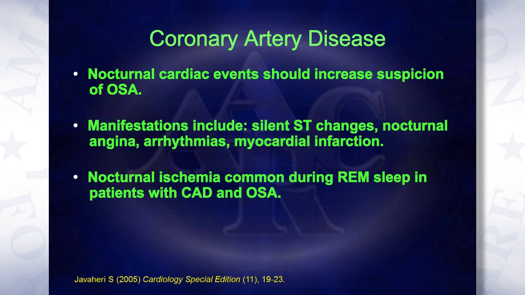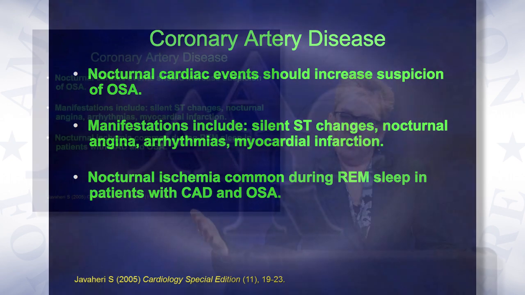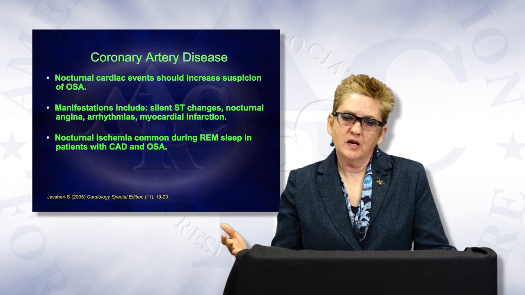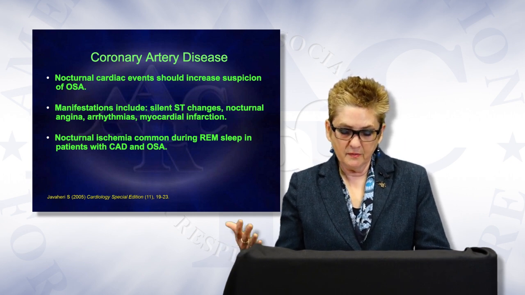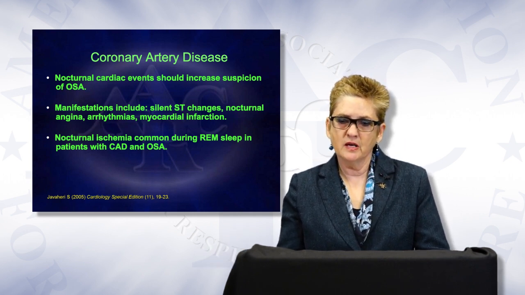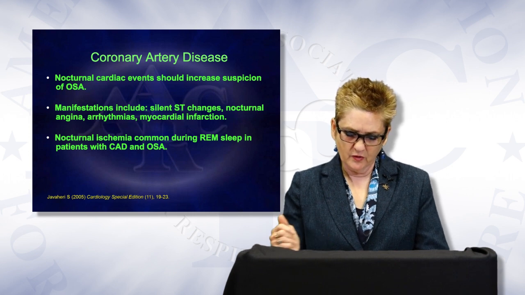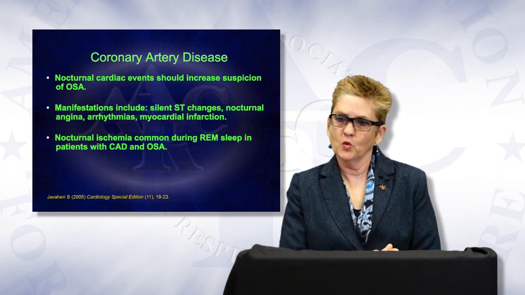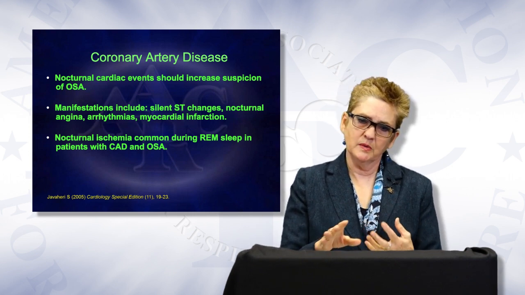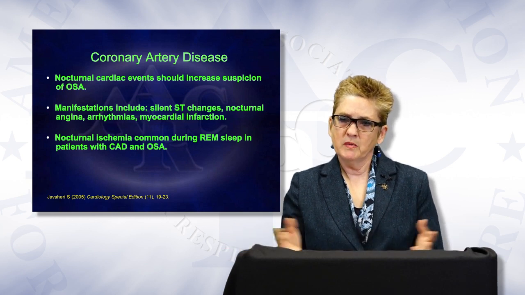In those patients, we might see silent ST changes or nocturnal angina, arrhythmias, myocardial infarctions. And these are the patients we see come into the hospital that have not been tested particularly for OSA, and they're being treated for these different arrhythmias, and their treatment isn't working. So if we can screen them and take them into the sleep lab, we may be able to find out what's causing that.